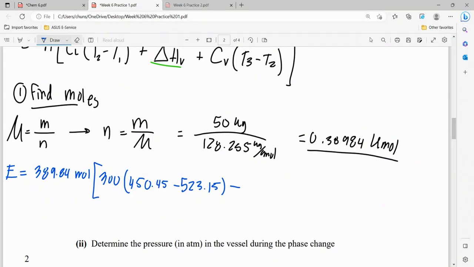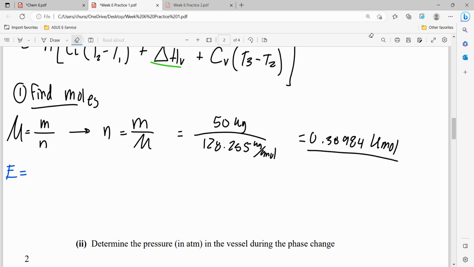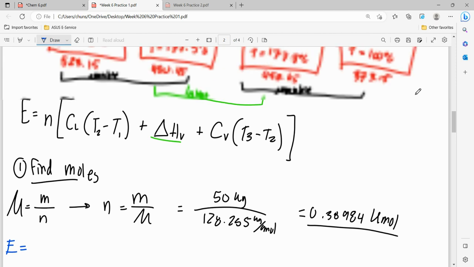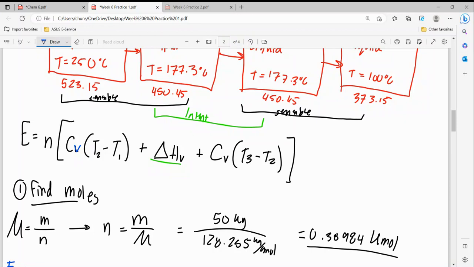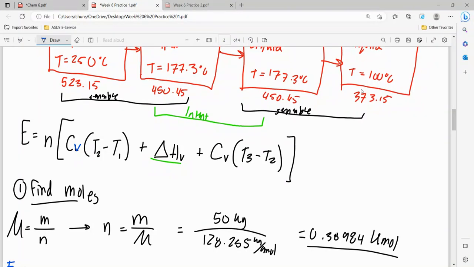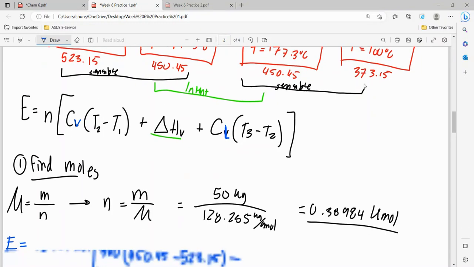Actually, I'm sorry. We can actually use our values as is for our kilomoles. We just have to change around the units of a couple other ones. And sorry, this is starting with vapor and then going to liquid. So we will use vapor first and then liquid specific heat capacity. Okay, let's try again.